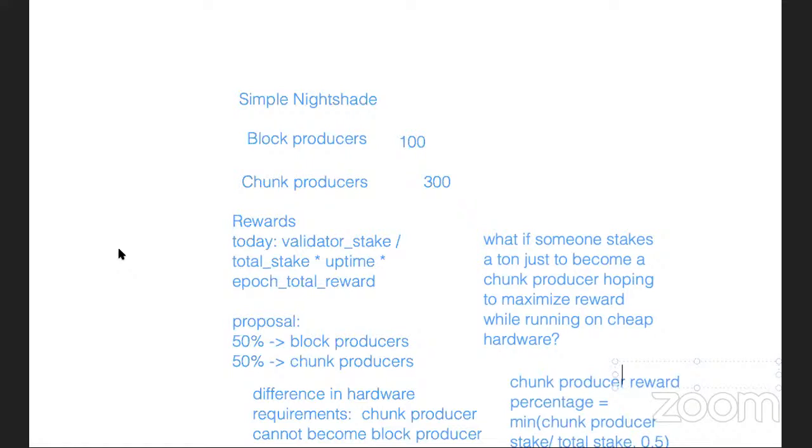I think I didn't express it correctly. My point is, I wanted to consider, would it be possible to basically allow staking the same tokens for two purposes? You stake for blocks, and then you can stake the same amount of tokens for chunks, and you completely separate the staking for block and chunk producing, and you create two independent systems.